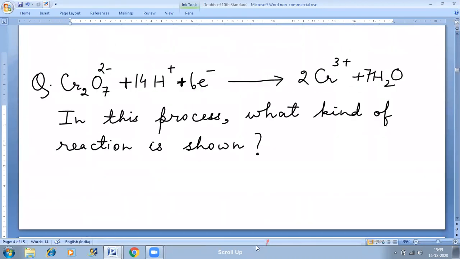Look at the question once more. Plus 6 electrons on the left hand side. Left hand side showing plus something electrons means that the reactant is undergoing reduction, because it is gaining electrons.